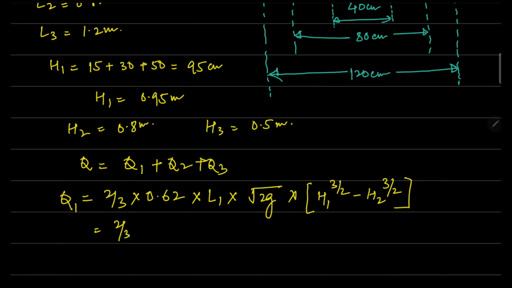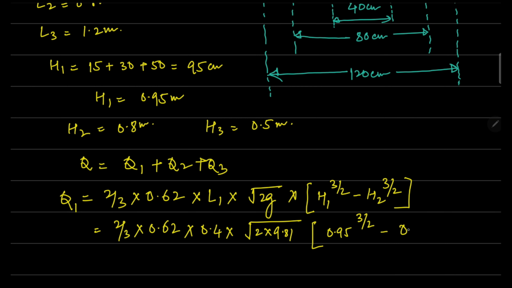So this is 2 by 3, CD is 0.62, multiplied by L is 0.4 meter, multiplied by under root 2 times 9.81, multiplied by H1, which is known to us, 0.95 meter. So this is 0.95 raised to the power 3 by 2 minus H2 is 0.8, so 0.8 raised to the power 3 by 2.